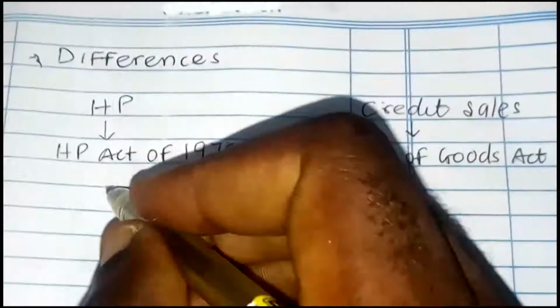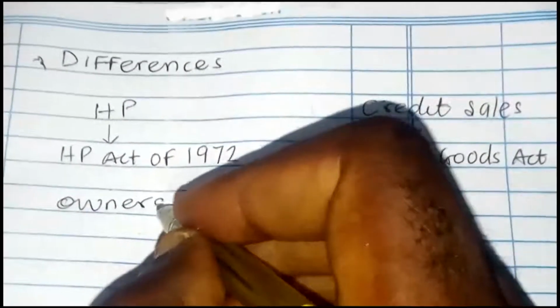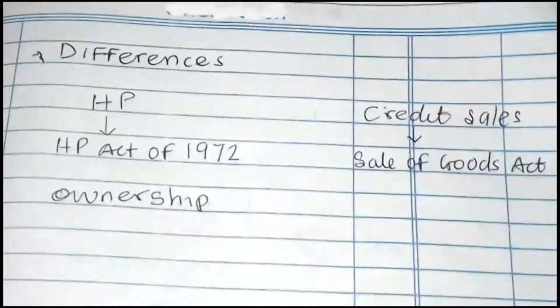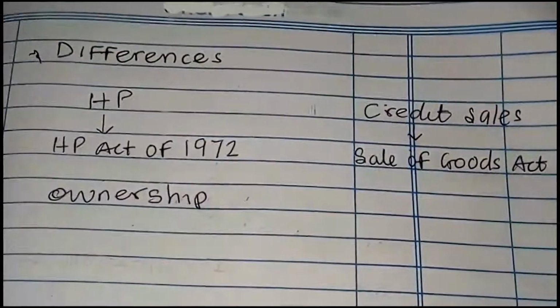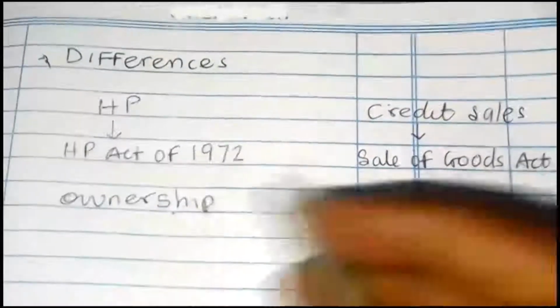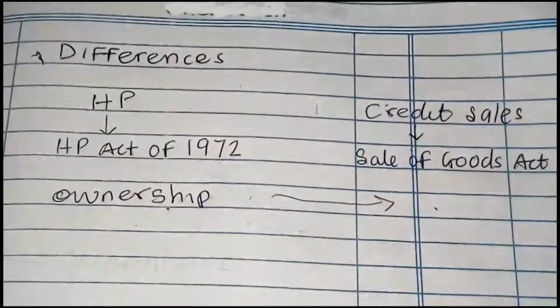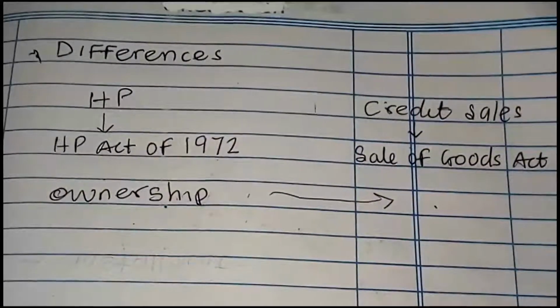In hire purchase, ownership is not transferred immediately. Write it down. Ownership of the goods is not transferred immediately to the buyer. But in credit sales, ownership is transferred to the buyer. I'll repeat.